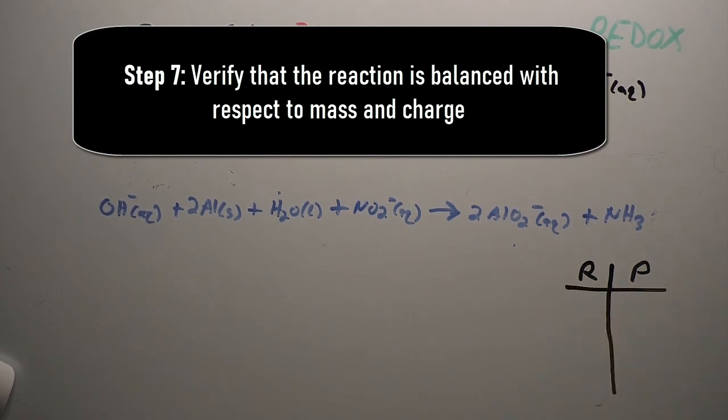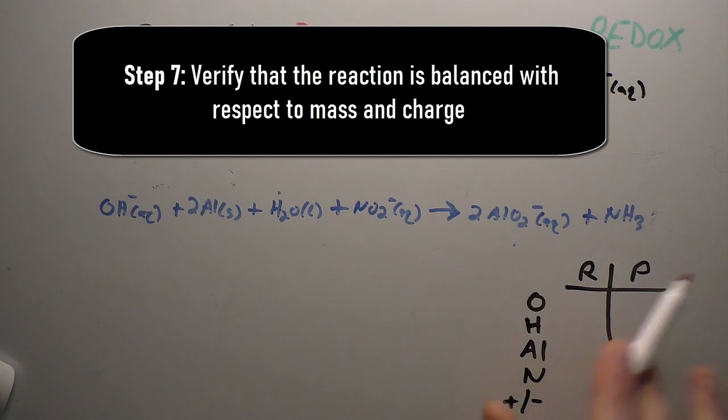We have all these different elements: oxygen, hydrogen, aluminum, nitrogen, and charge. So we can add up all the oxygens on each side, make sure they balance, all the hydrogens and everything.